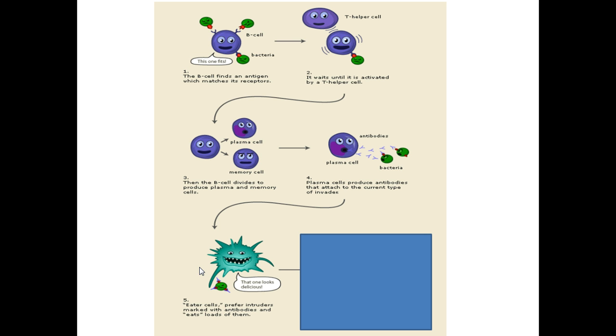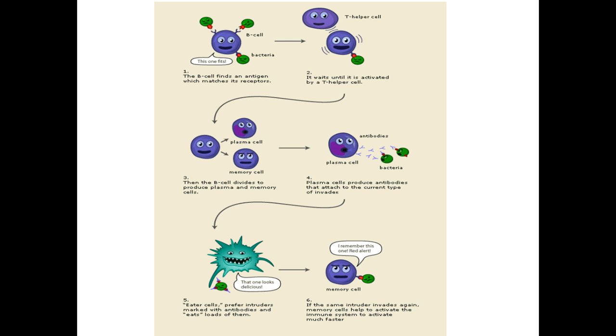And that's pretty much the end of the story, right? This is going to continue on and on. Antibodies are going to keep producing antibodies until we get these guys all destroyed and eliminated from the body. If we see them again, our response is going to be much faster because the antigen's probably going to come in contact with who?